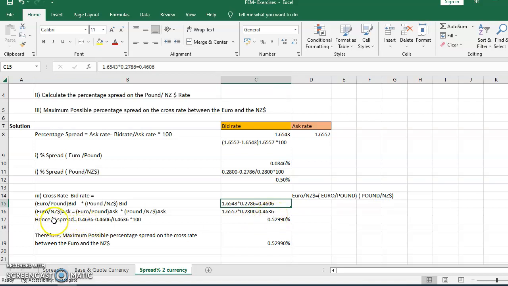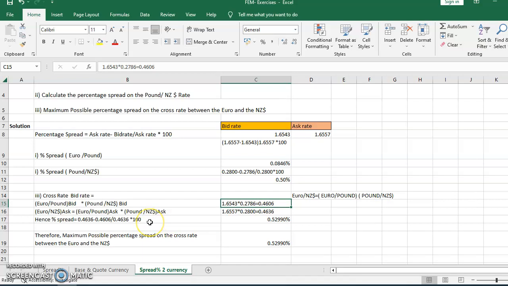So now we calculate the percentage spread using the formula that we usually use. What is the ask here? The cross rate ask is 0.4636 minus 0.4606, which is the cross rate bid, divided by the cross rate ask, 0.4636.